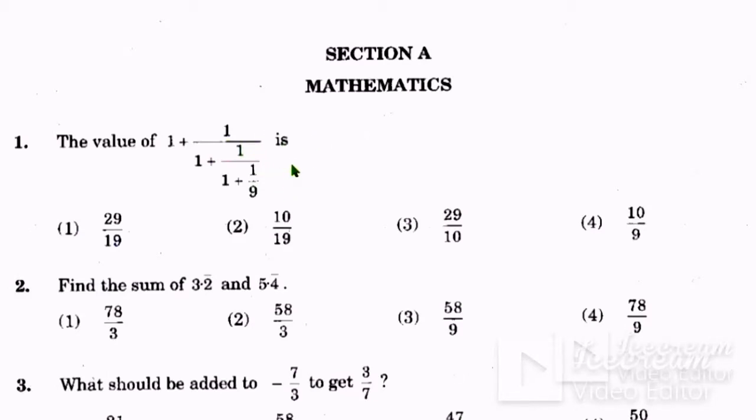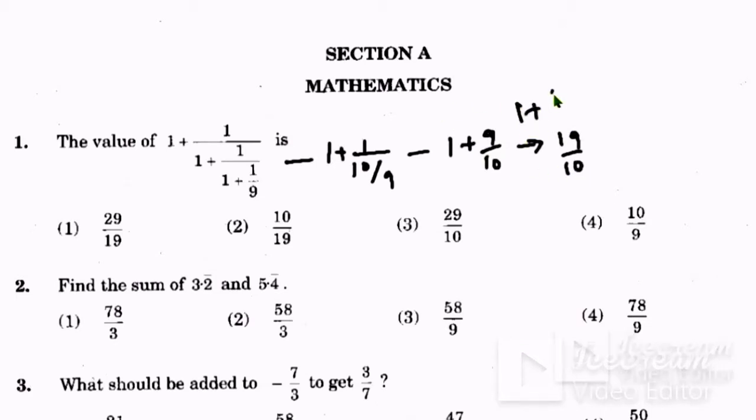So what you will do, you will directly write here: 9 ones are 9 plus 1, 10 upon 9. So you will get 10 upon 9 downside. And here you have 1 plus 1 upon this, so you will get 1 plus 9 upon 10. Now 10 plus 10 ones are 10 plus 9, 19 upon 10.